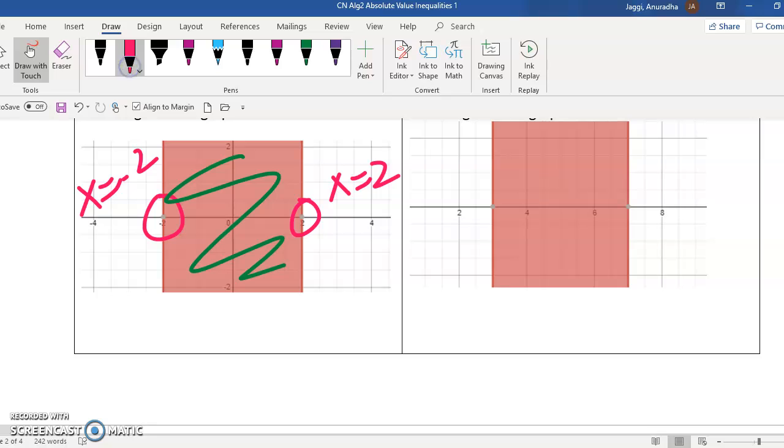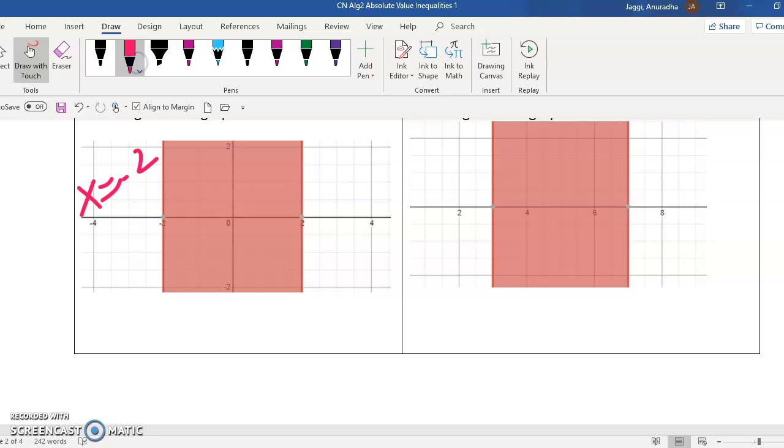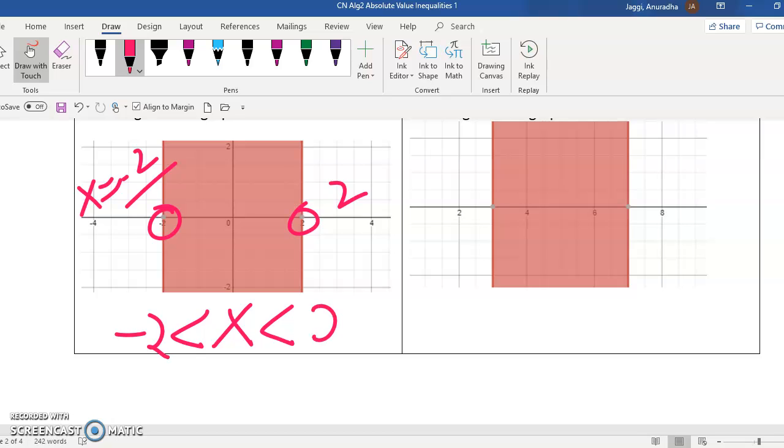Let me make it a little less messy. What were these two numbers? This is positive 2, and this is negative 2. How do you write it? x lies in between negative 2 and positive 2. That means all the numbers in between, negative 1, 0, positive 1, 0.5, 1.5, any decimal real number in between is a value of x that is your solution, and that covers this whole region.